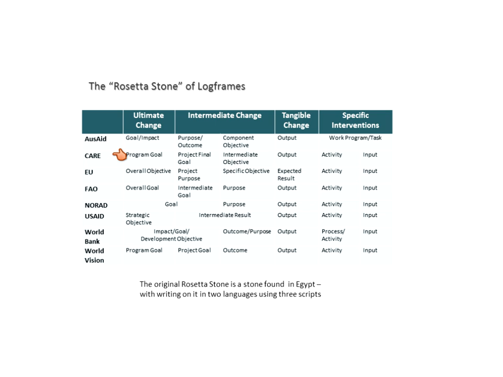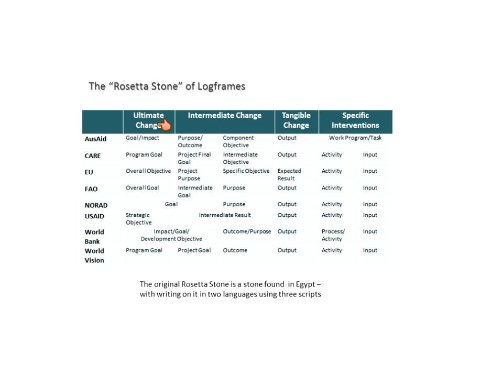Donors in particular can force their own frameworks on you, especially if you want to be successful in obtaining funding, and they'll have different levels in the hierarchy of objectives. But the bottom line is that there is commonality in the logic of how the hierarchy of objectives flows.